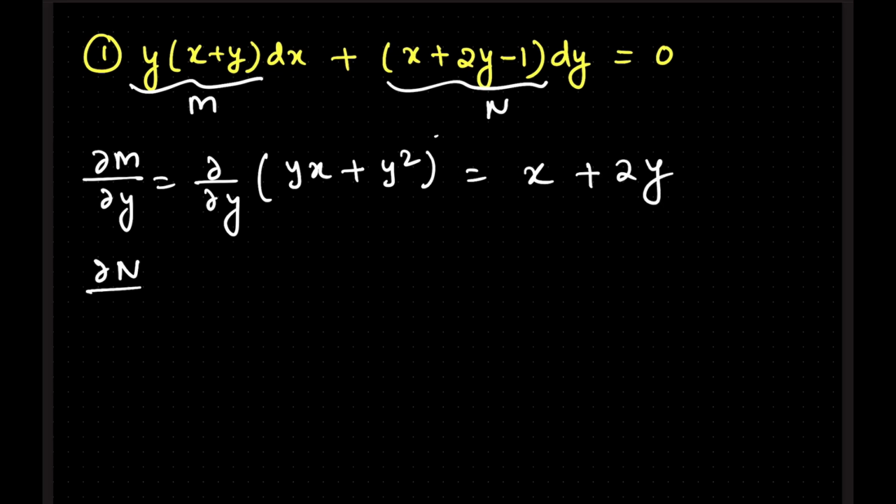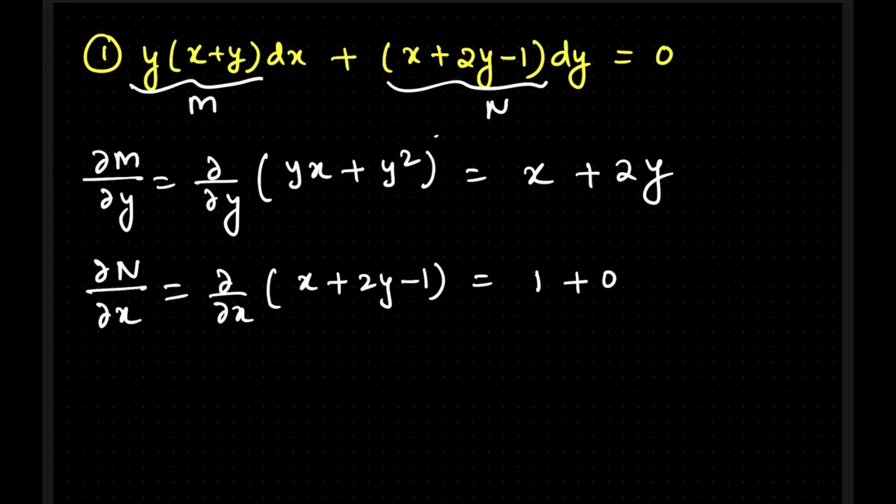Now let's find ∂N/∂x. N is x plus 2y minus 1. Now you will get 1 plus 0 plus 0, because we are partially differentiating with respect to x, so y is constant and 1 is constant, giving 0. So here you got 1.